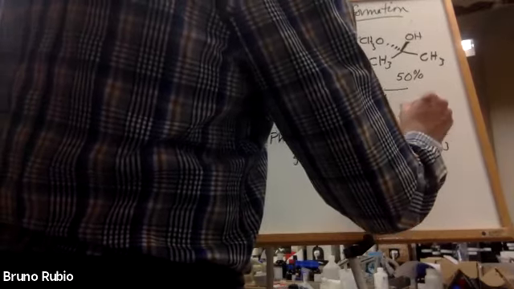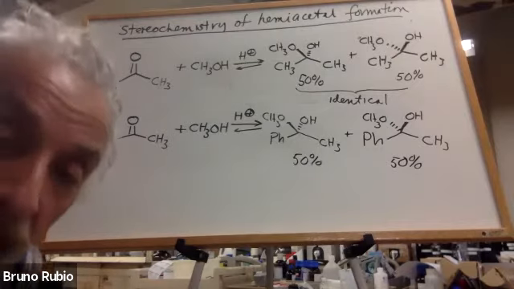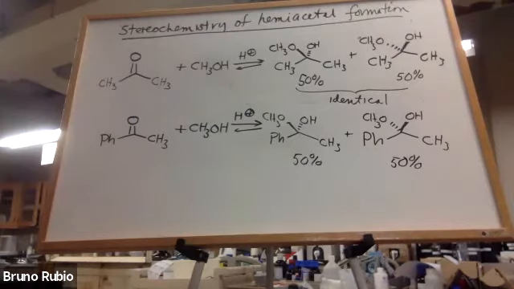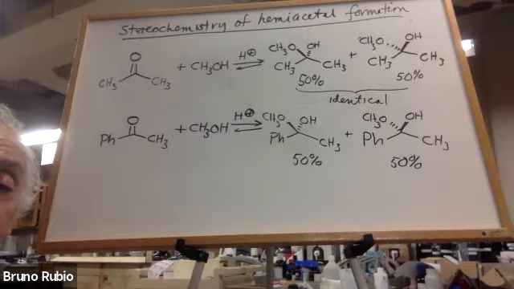Okay, and so there are the products of this reaction. Now look at these two and how are they related? Are they identical structures? Are they enantiomers or are they diastereomers? Anyone want to give it a go?